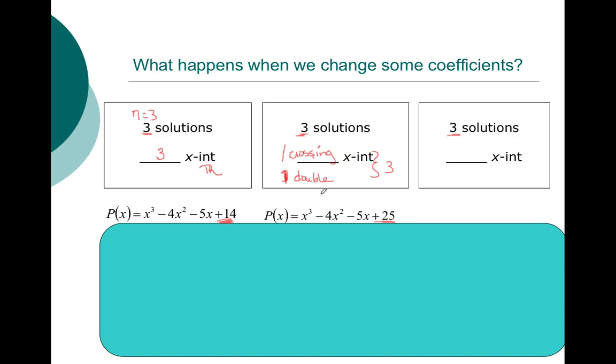All right, now let's look at another cubic. This cubic has 3 solutions. It's a degree 3. It has 3 solutions. But how many x-intercepts? Can you guess before you even type it in? I'm just going to shift it up further. How many x-intercepts does it have? 1. So if you have 3 solutions but only 1 x-intercept, what must be true?